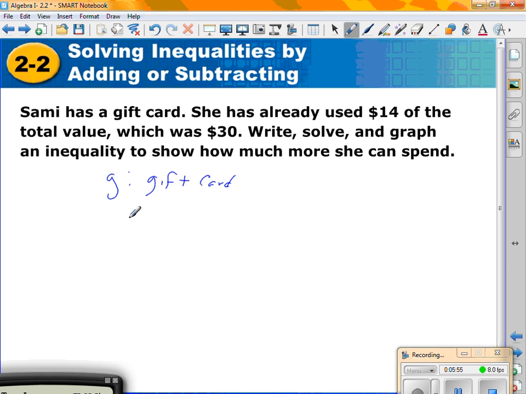So G plus 14 has to be less than or equal to 30, which if I go through and solve, she can't spend more than $16.